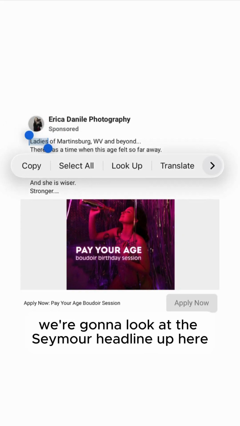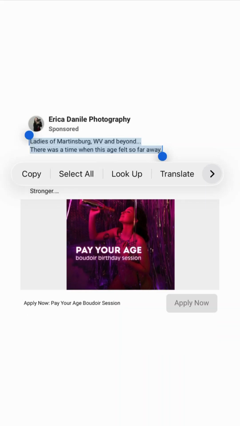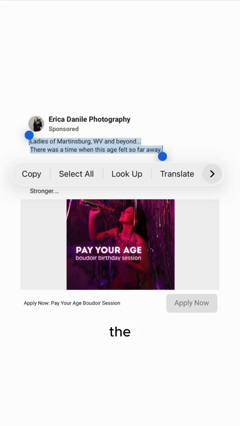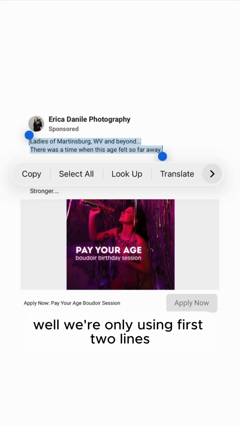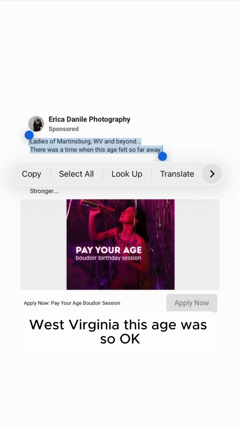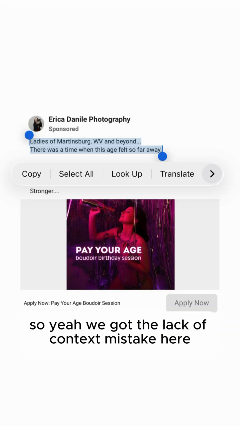Finally, we're going to look at the "See more" headline up here. First 2 3/4 lines, Facebook mobile newsfeed. Well, we're only using the first 2 lines. Now the Bays of Martinsville, West Virginia. So okay, we got the lack of context mistake here.